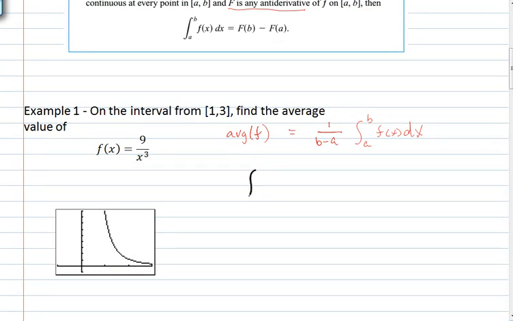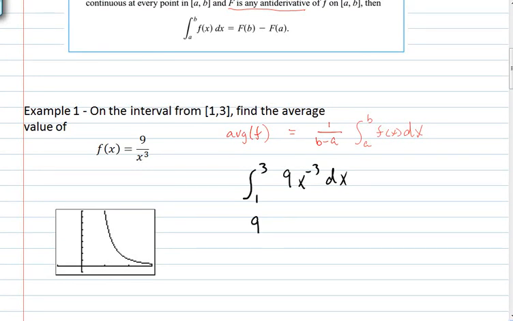We're looking at the integral from 1 to 3, because that's our lower bound and upper bound. And then our function is 9x to the negative 3 dx. I chose to write it this way because we learned a power rule for integrating, right? That made life easier. When I integrate this, or find the antiderivative, we're going to end up getting 9.